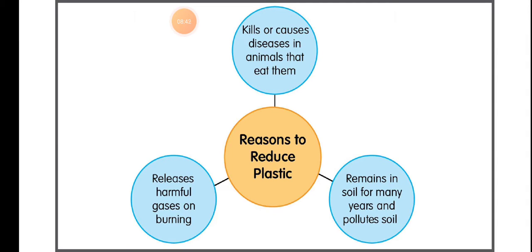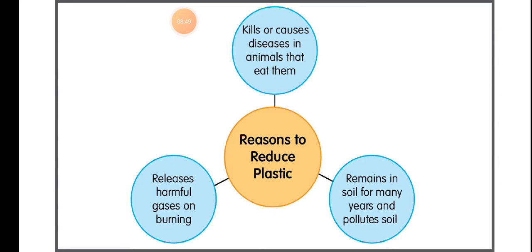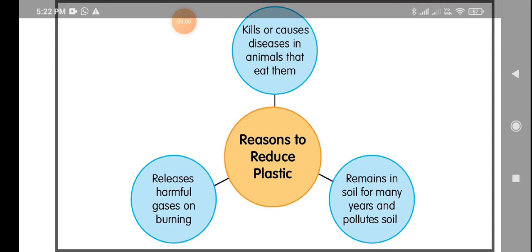So it kills or causes diseases in animals who eat this plastic. This way plastic is showing adverse effects, bad effects, on human beings and nature.